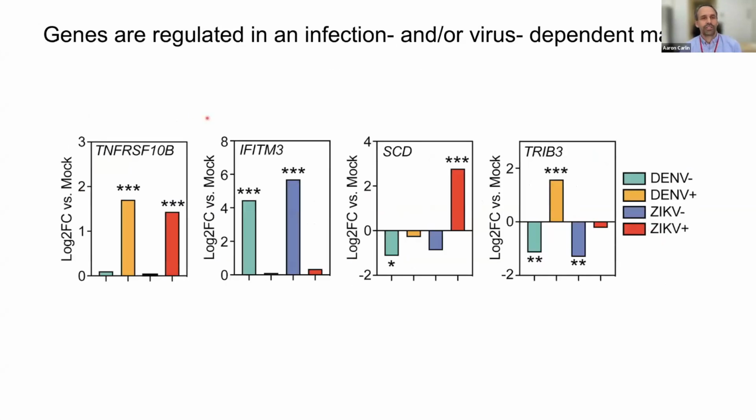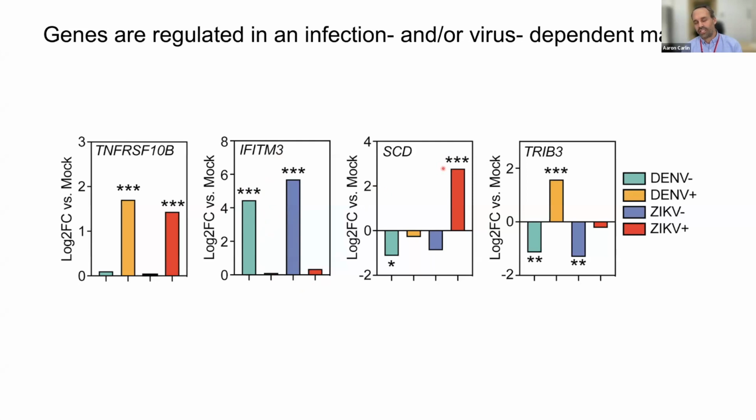When you look at this, you clearly can identify genes that are regulated in an infection-dependent and/or virus-dependent manner. In this case, this receptor, which is a receptor for TRAIL that induces apoptosis, is only upregulated in infected cells, Zika virus positive or dengue virus positive cells, but not in the bystanders. In contrast, IFITM3, a typical interferon-stimulated gene, is only activated in bystander cells in both groups, but not in the infected cells.